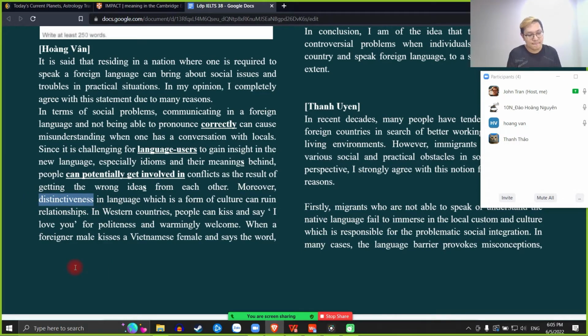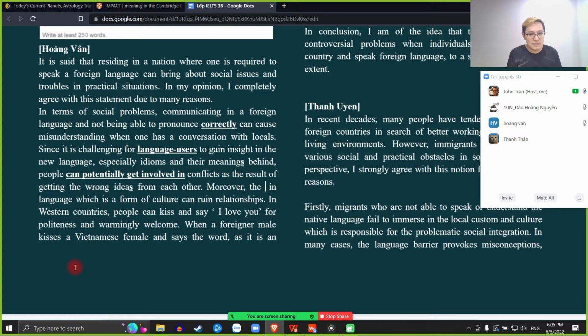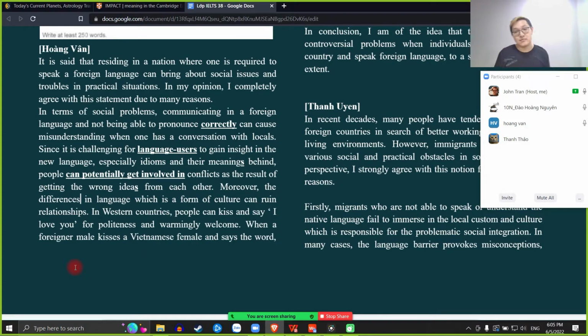So I think moreover, the differences in language. You have to understand that how the logic flows and how connected the sentences are is much more important than difficult vocabulary, okay?